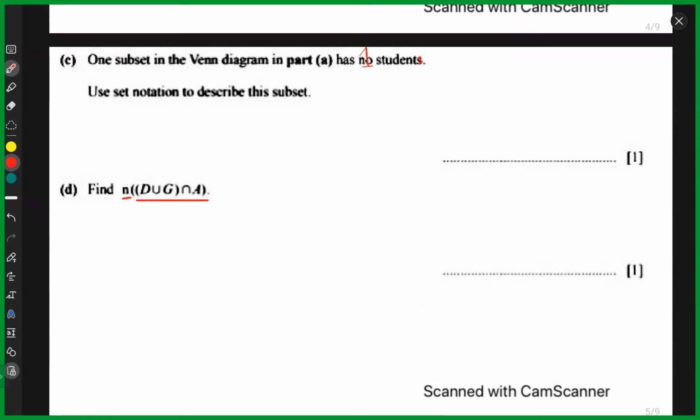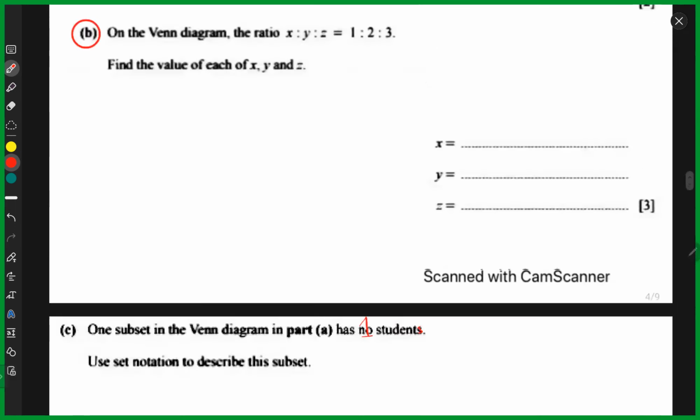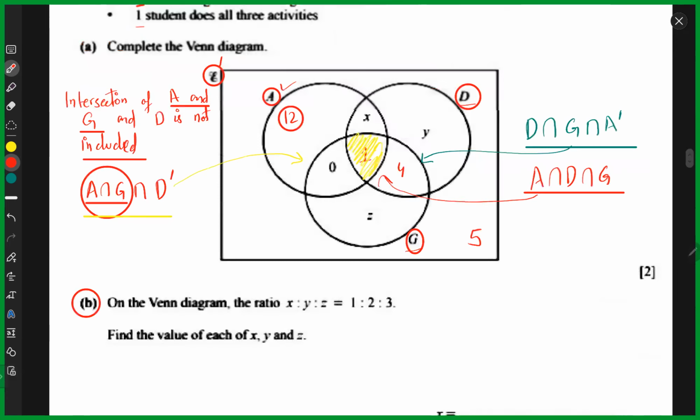That would be the only thing, because we would not be sure about the values of x, y, and z. So we'll write it down as x plus, whatever we would have. Anyways, D union G intersection A. First step is to see which part exactly it is on the set.